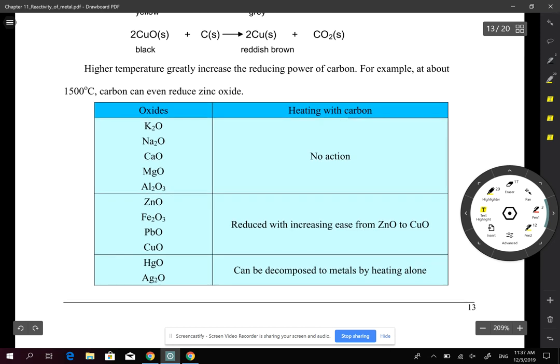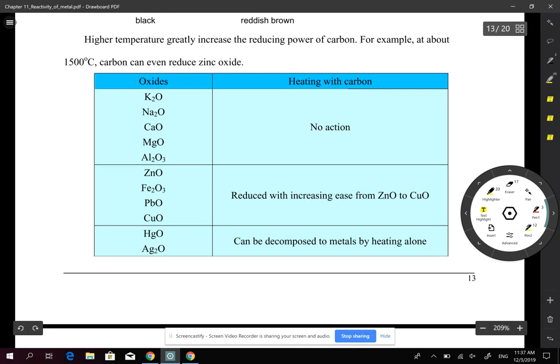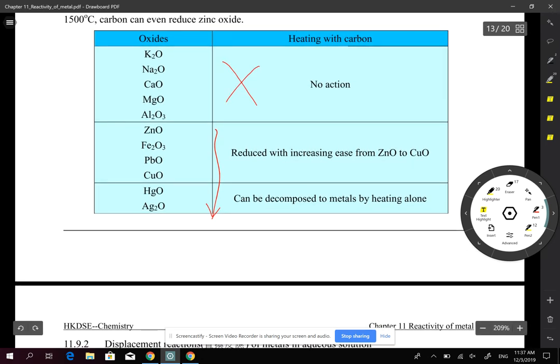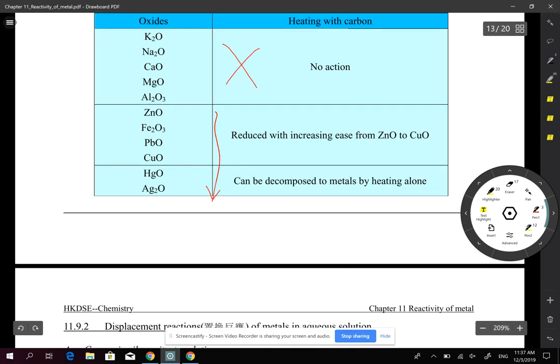It can reduce starting from zinc oxide, and metals with reactivity lower than zinc can all be reduced by carbon. Okay? No reaction for reactive metals. All of those below, it can. But of course, mercury oxide and silver oxide can be extracted or reduced by heating only, so we usually do not require adding carbon to them. Okay?